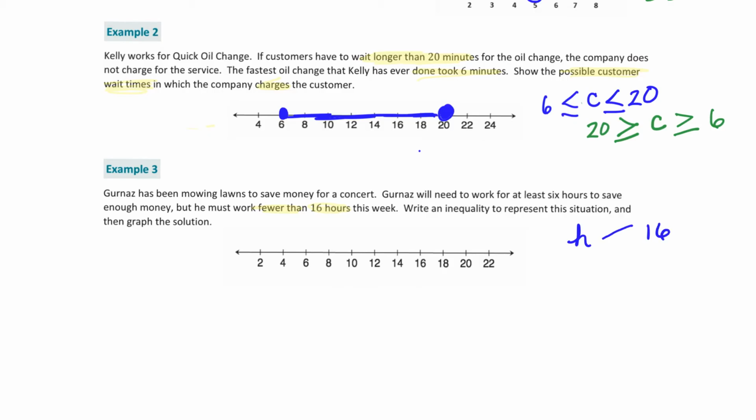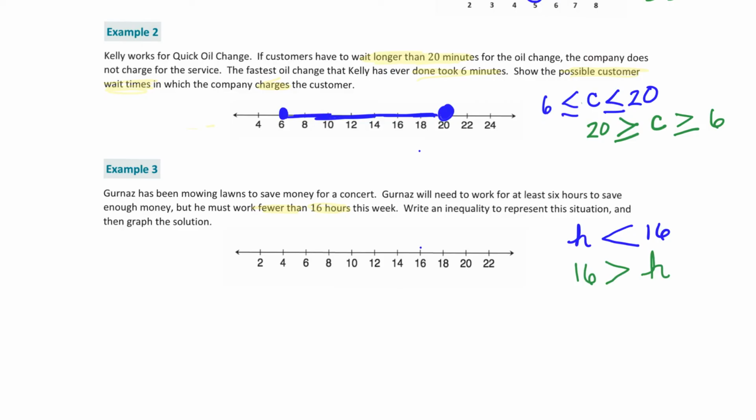So fewer means 16 is the greatest, but 16 is not included. Don't forget your equivalent inequality where 16 can be first, and again the inequality symbol is going towards 16, where H is less than 16.